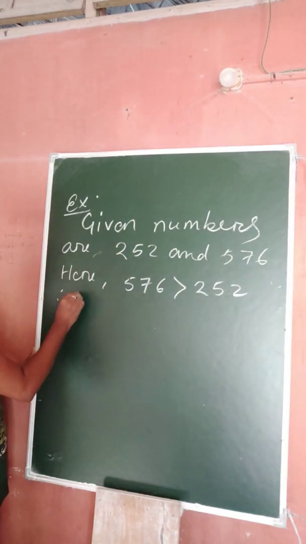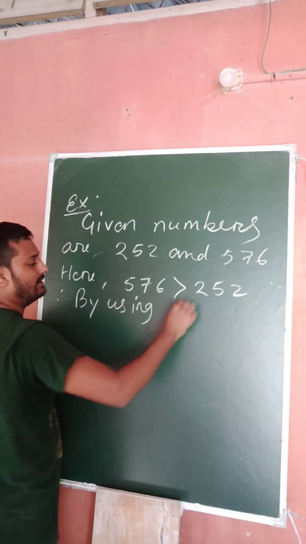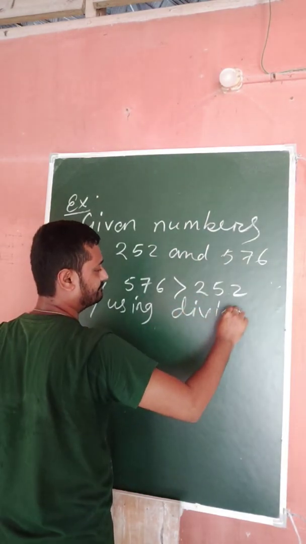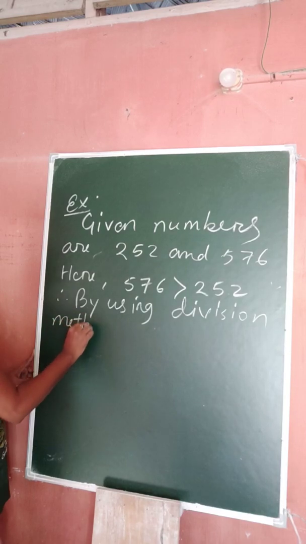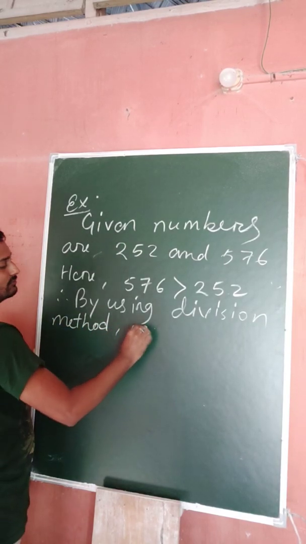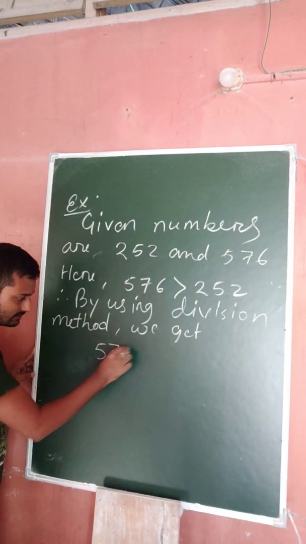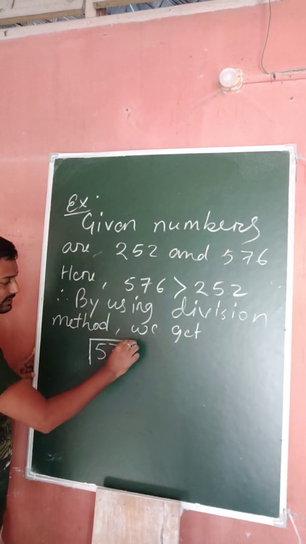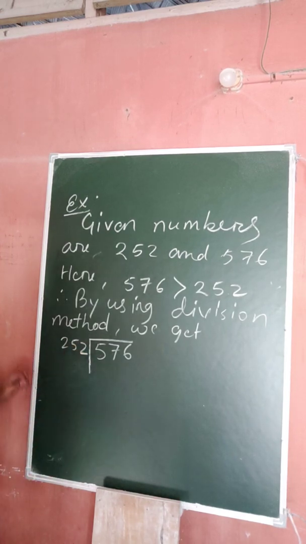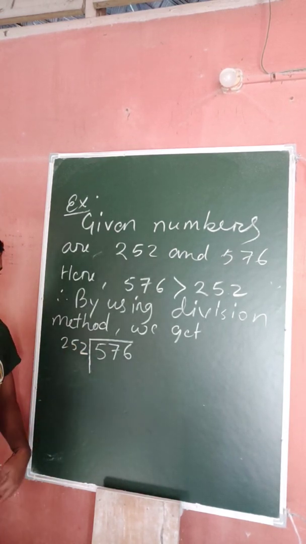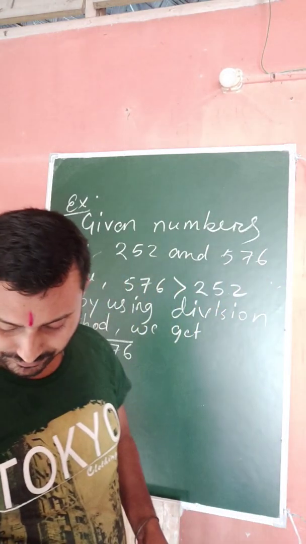Therefore, by using division method, you have to apply division method. So the bigger number will be the dividend and the smaller number will be the what? Divisor. Okay, so now we have to divide 576 by 252.